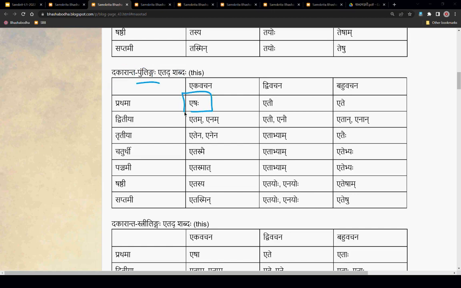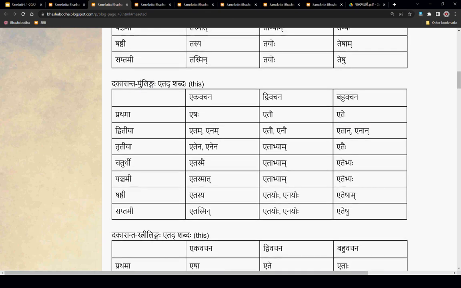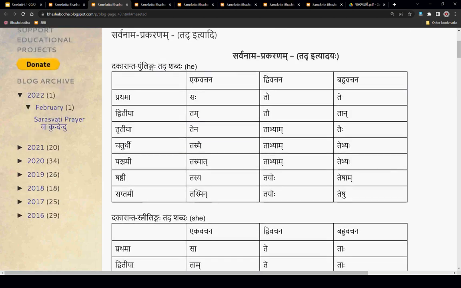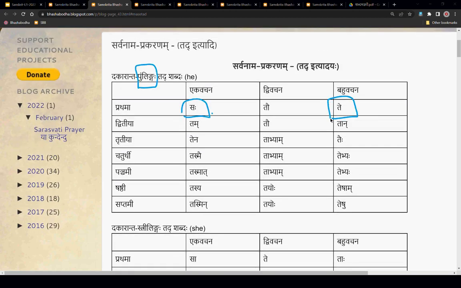Pullinga in Ekavachana Eshaha, Bahuvachana Ete. And if you scroll up here, Saha, this is Pullinga. Saha and Te. For question we have Kaha and Ke. So you can ask the question, Saha Kaha, Saha Balakaha, Te Ke, Te Balakaha. Te can assume that's they. In English, they.